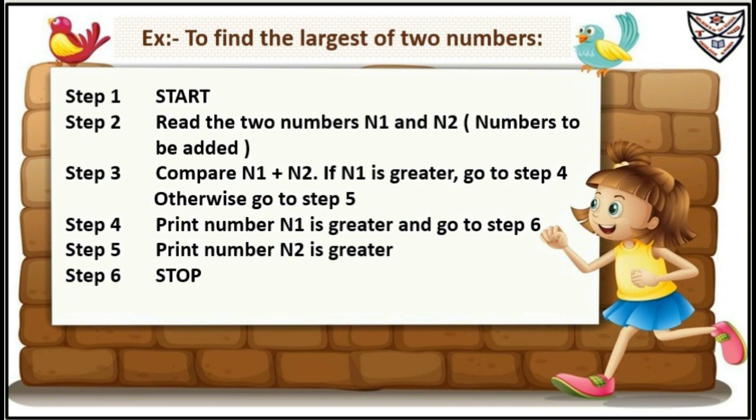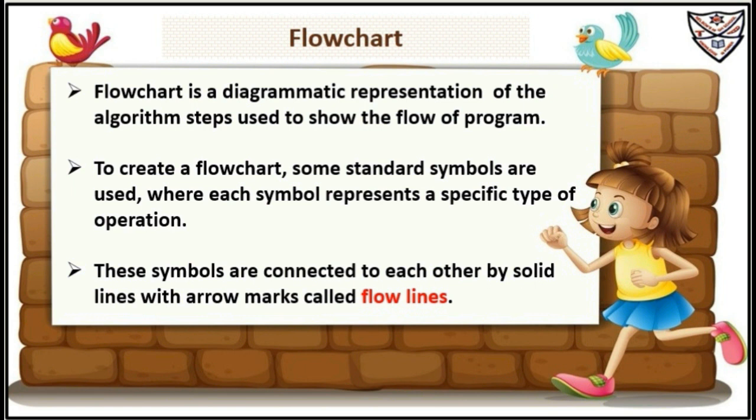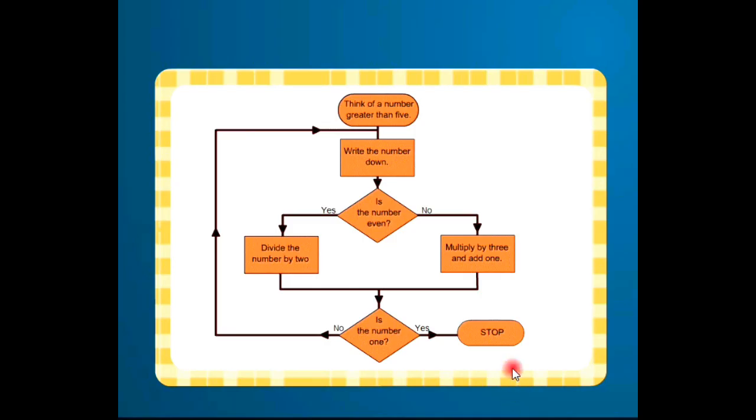Step 6, stop. Flowchart. A flowchart is the diagrammatic representation of the algorithm steps used to show the flow of a program. To create a flowchart, some standard symbols are used, where each symbol represents a specific type of operation. These symbols are connected to each other by solid lines with arrow marks called flow lines. A flowchart is a pictorial representation of the sequence of steps to solve a particular problem.